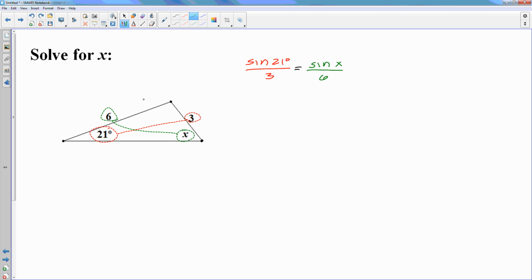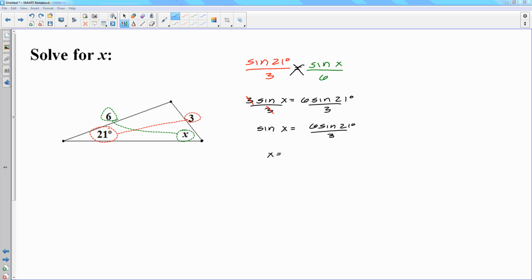And solving this, we're going to cross multiply, which we have talked about in our class a little bit. Some of you strangers on the internet may not have done it yet, but I'm going to pause this and solve this equation by cross multiplying. Now I've gotten this far. I wanted to show you what I've done so far. I simply cross multiplied to get 6 sine 21 and 3 sine x, and then I divided by 3, and I got sine x equals this stuff.